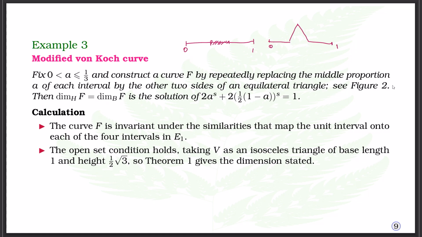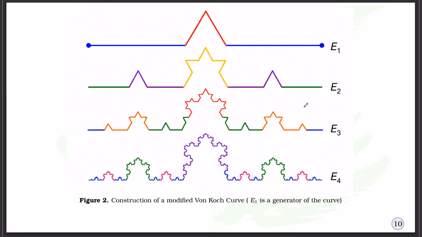I will show in the next figure 2, in which the box counting dimension of F and the Hausdorff dimension of F are both equal, which is the solution of this equation: 2 copies of a power s plus 2 copies of (1 by 2 times (1 minus a)) power s is equal to 1. By solving this one can get the modified Van Kachkar box counting dimension as well as the Hausdorff dimension.